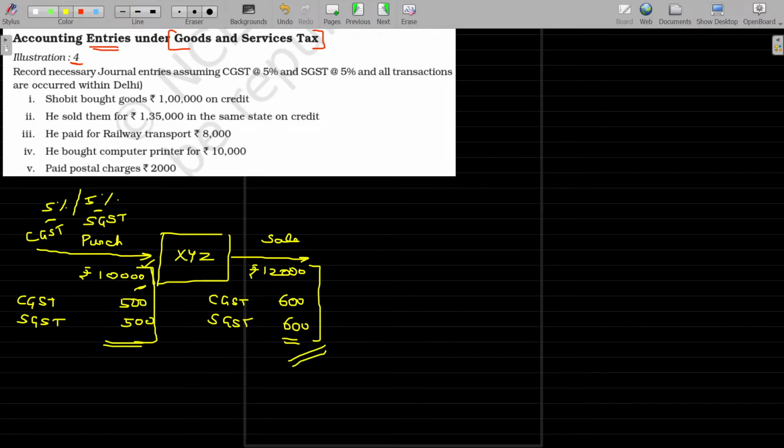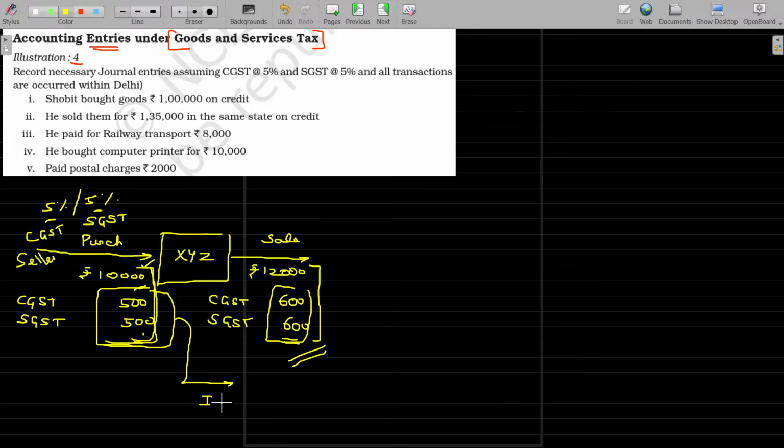The CGST that you paid at the time of purchase would have been paid to the government by the seller. If you ask the government, sir, what about this payment, sir? This will be refunded. The refund will be named as ITC, input tax credit. Simply call that ITC, or here, input CGST.